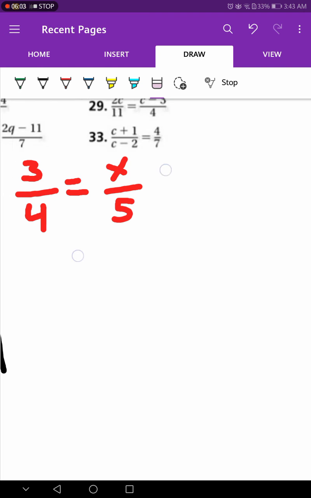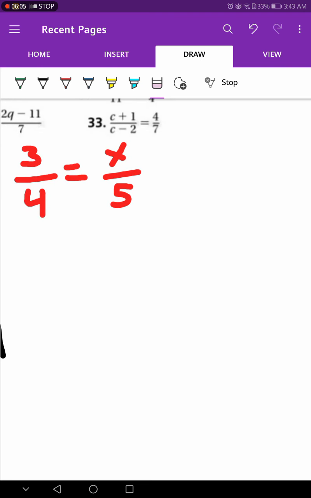No, it is actually easier than the old one. How can we do the cross product property? It is easy. x multiply 4 and 3 multiply 5. Okay, how can we make it?